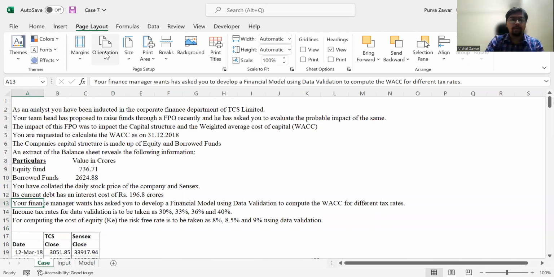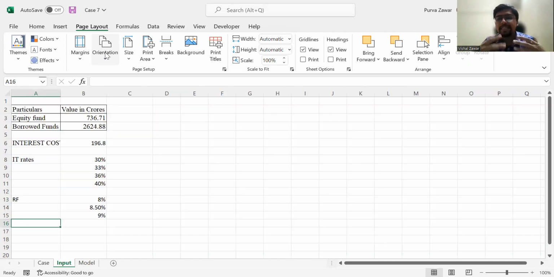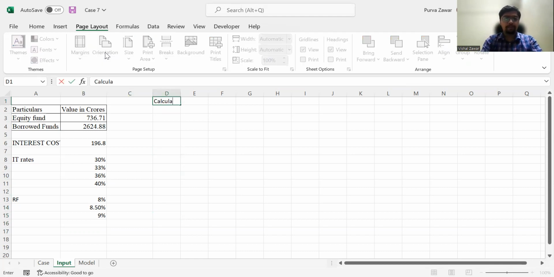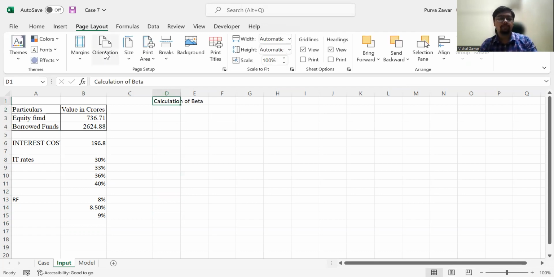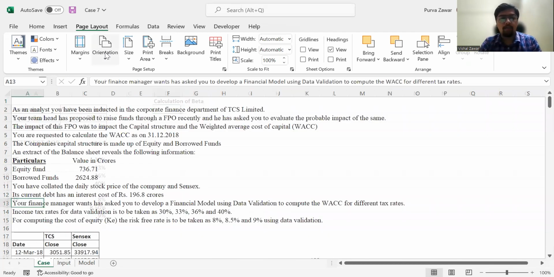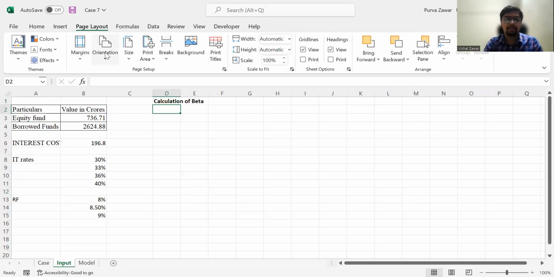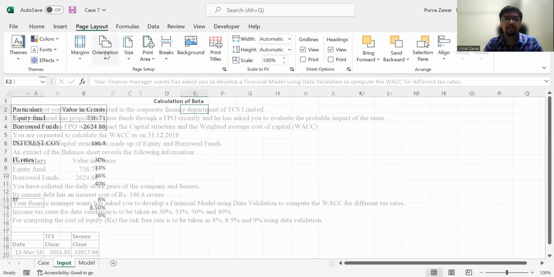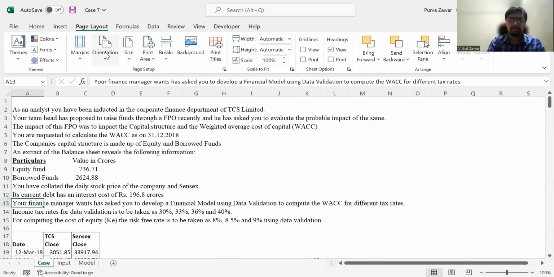Now I am about to find out the beta of TCS. I want to find out how much TCS is risky as compared to the markets. So for that, I'm doing a small working over here. Calculation of beta. First, I want to find out returns of TCS and returns of Sensex.